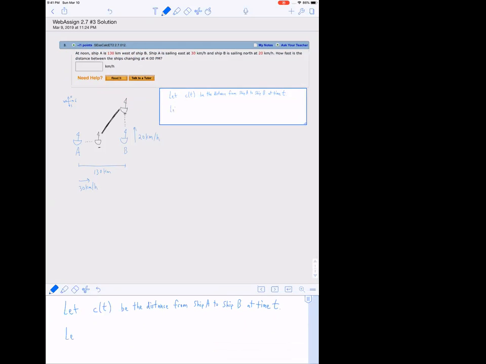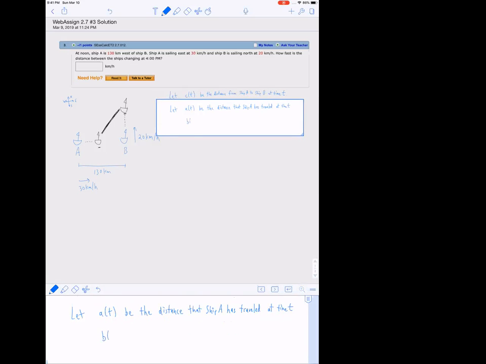So let A of t be the distance that ship A has traveled at time t, and let B of t be the distance that ship B has traveled at time t.